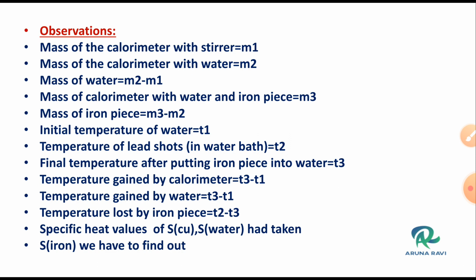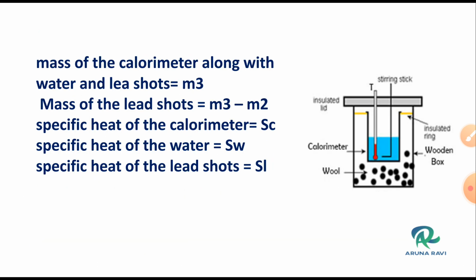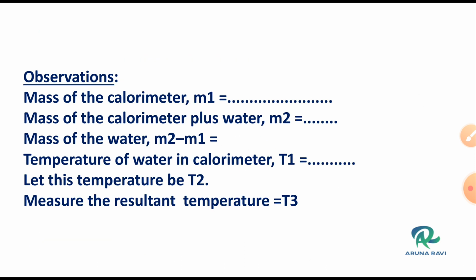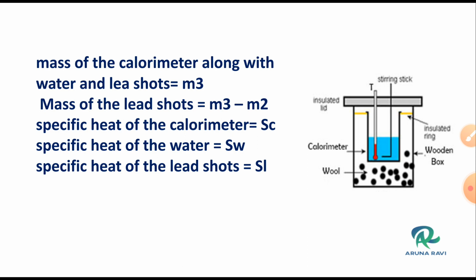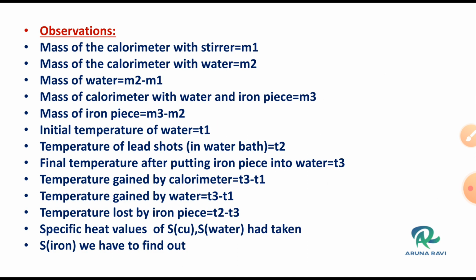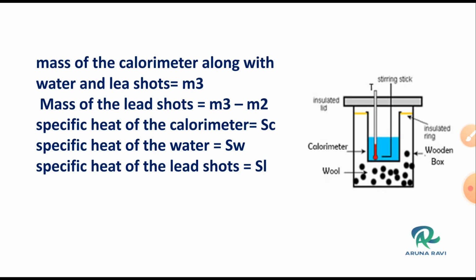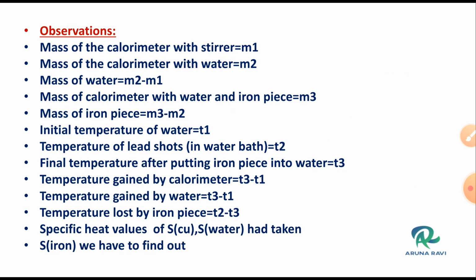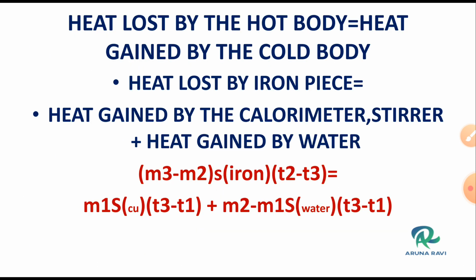In observations, the same thing: write M1, M2, M2 minus M1, everything under observations. See here what I am telling, this is observations, just as a reference. I put these in a single frame because they are in two different frames. We have to write observations like that.